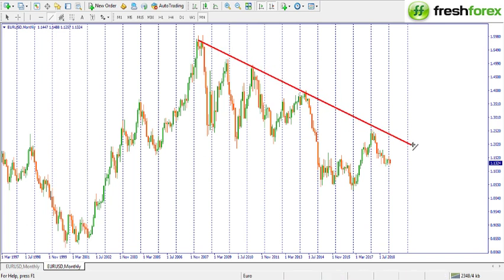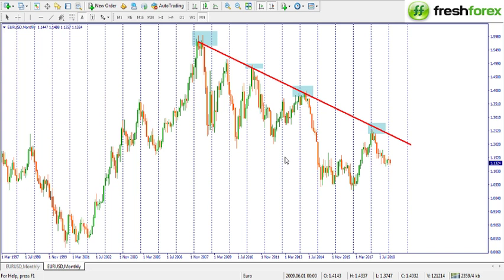Then I draw my line like this. This is the highest high. Then we see a move down, then price tries to come back, and instead it forms a lower high. Then it proceeds down, it comes back up, and it forms another lower high. Then it goes down, comes back, but does not reach that trend line. Instead, it proceeds to the lower side. So all these are indications that the trend is downwards. You're supposed to look for a sell.